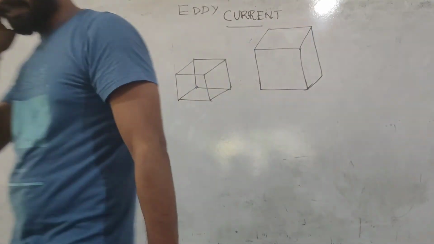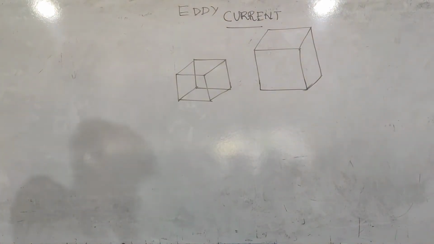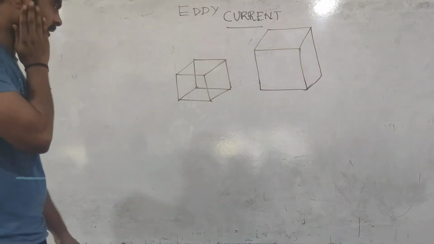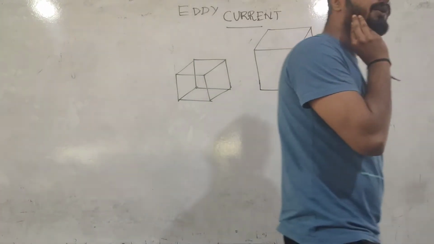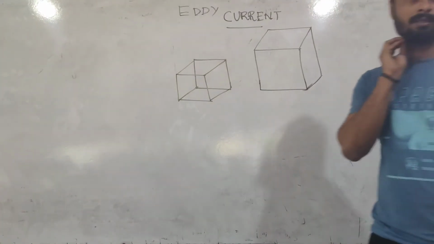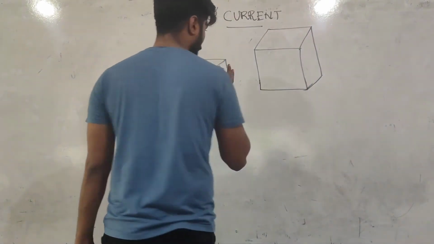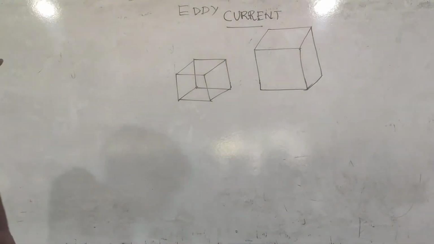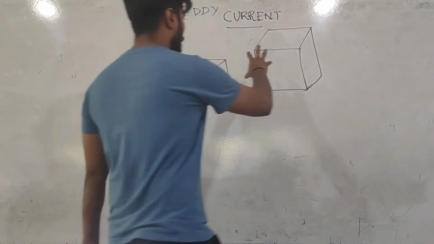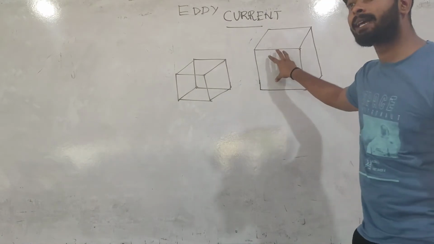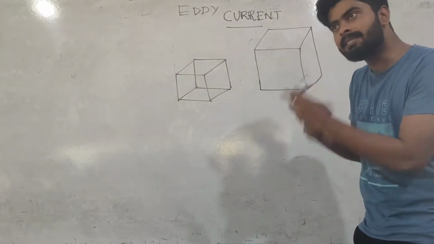Okay. The next thing which we have to learn is eddy current. Eddy current is very important and EMI is considered. So eddy currents are those currents which are produced in metallic blocks. I have taken a solid metallic block. If this solid metallic block experiences a change in magnetic flux, imagine this metallic block is placed in a magnetic field which is changing.